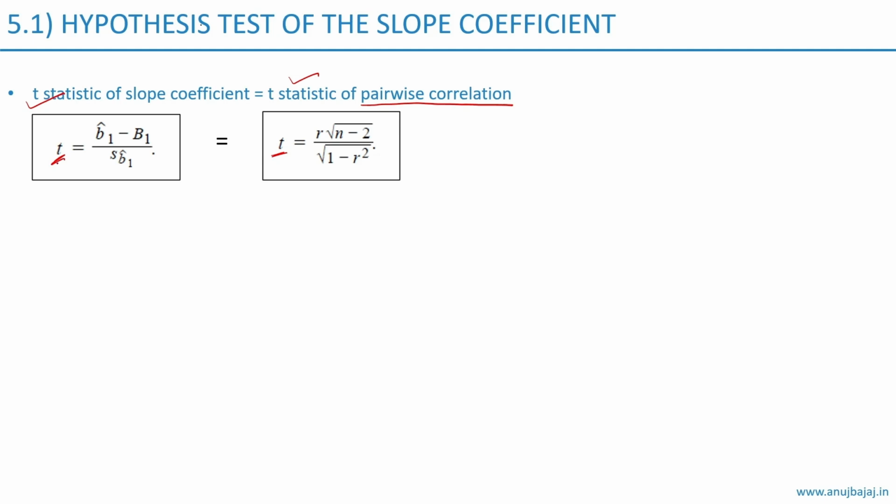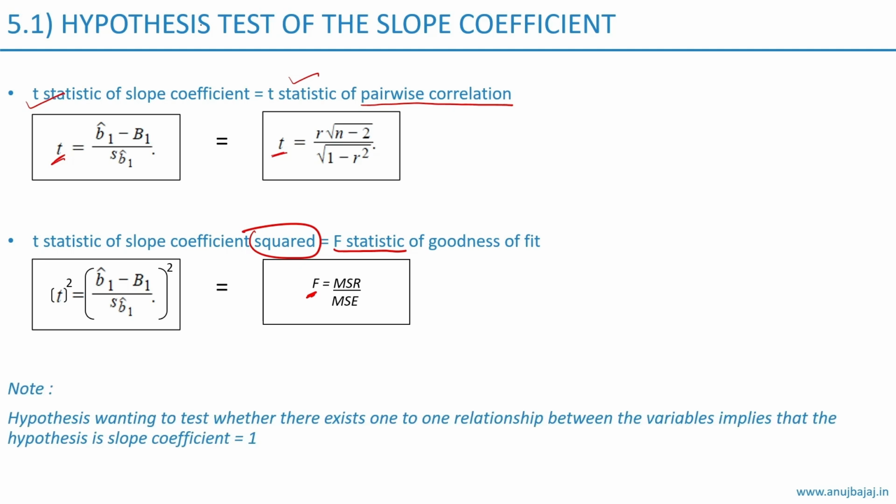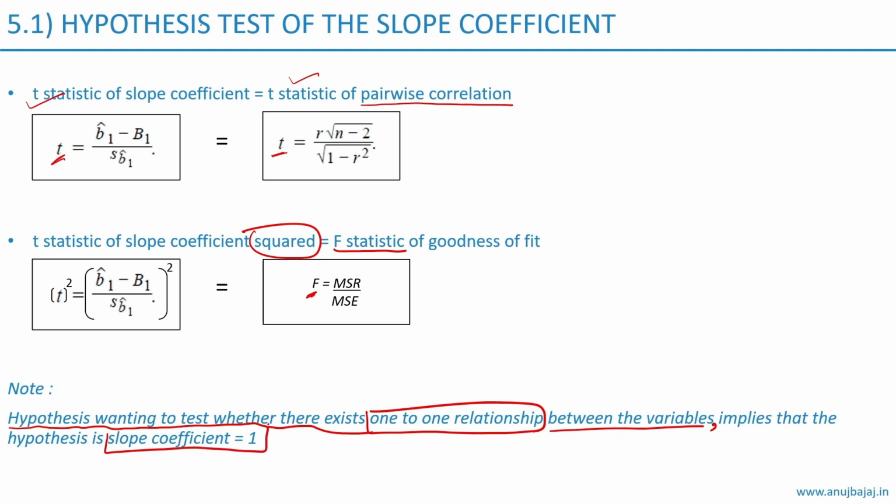Both values will be the same, and the t-statistic of the slope coefficient squared equals the F-statistic that we have seen previously. So the t-statistic squared equals the F-statistic. And if in the exam you get a question about testing whether there exists a one-to-one relationship between the dependent and the independent variable, it implies that the hypothesis is concerned about whether the slope coefficient is equal to 1 or not.